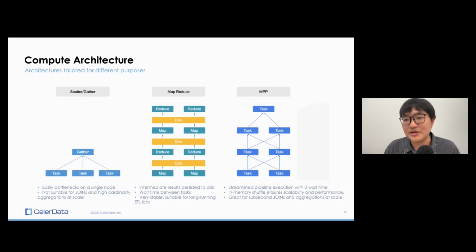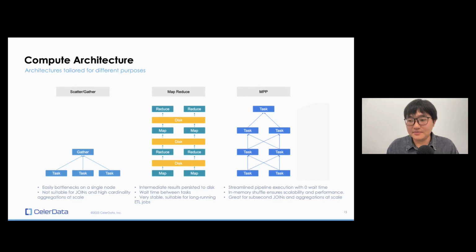The biggest difference between MPP and MapReduce, I would say, is that MPP has the option to go completely in memory, and it supports shuffle operations between the memory of different nodes. So everything runs really fast, and it actually scales.